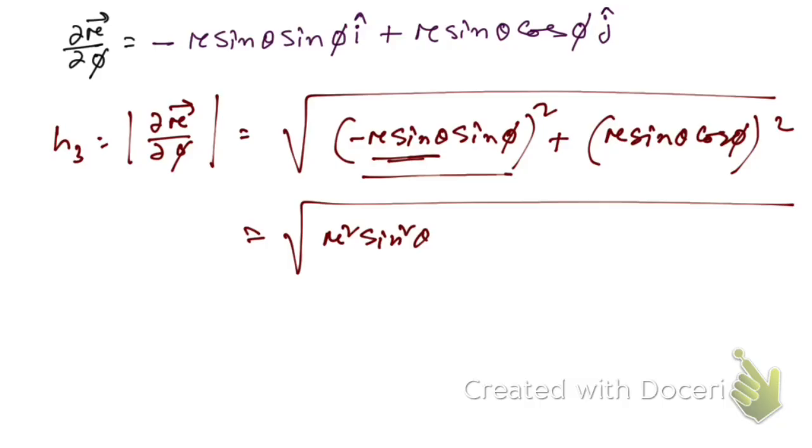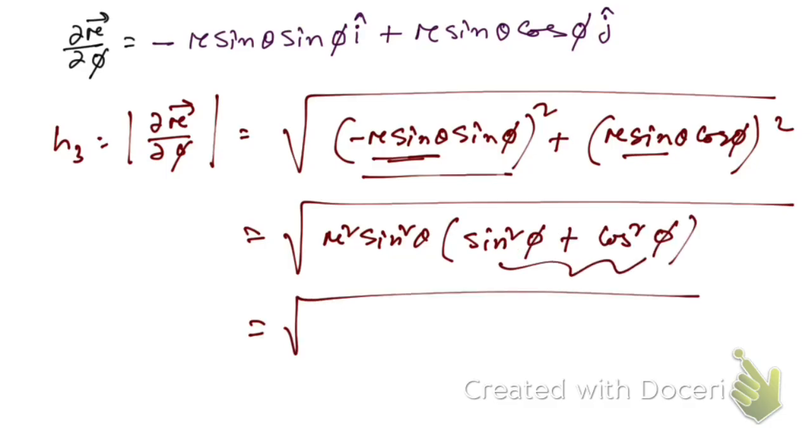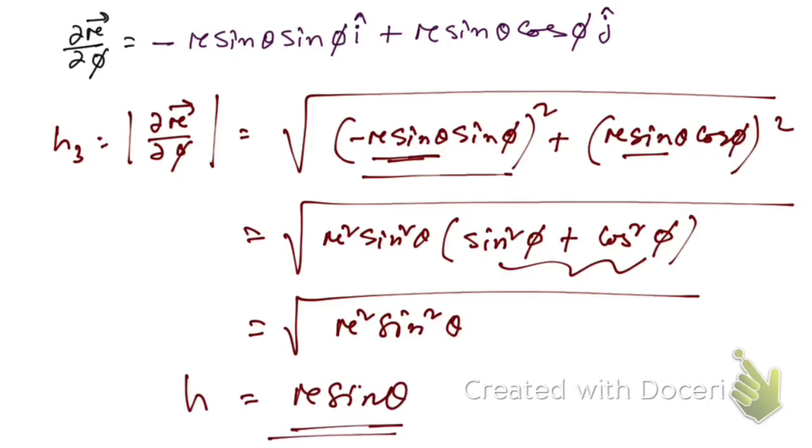From both we can take sine square theta common, right? And within the bracket we get sine square phi plus cos square phi, and that gives 1, so we get r square sine square theta. So the square root of this is r sine theta. So this is h3. Hope you have understood how to find h1, h2 and h3. Now let's move on to the next question.